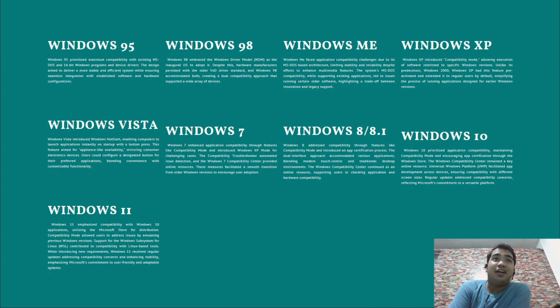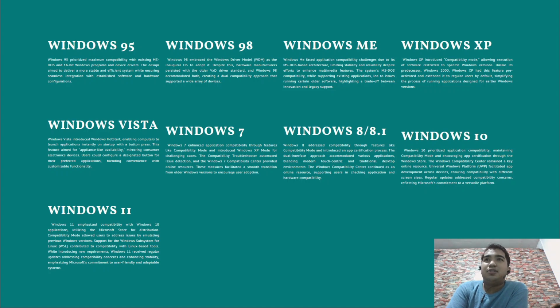Obviously, 95 has compatibility with the existing MS-DOS and other Windows programs at the time. Windows 98 introduces the Windows Driver Model, and this allows manufacturers to use older hardware, since it was the driver standard back then. But by introducing this, it can accommodate a wider array of devices.